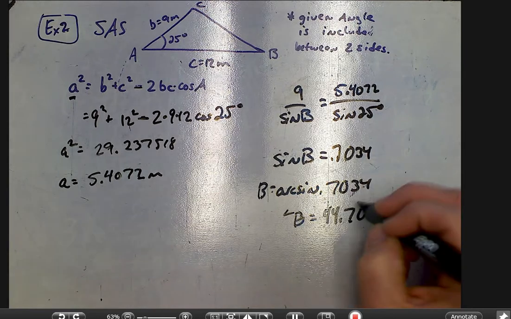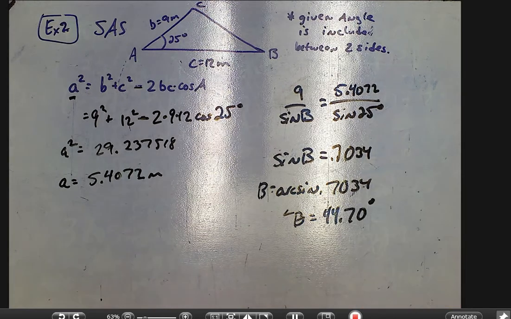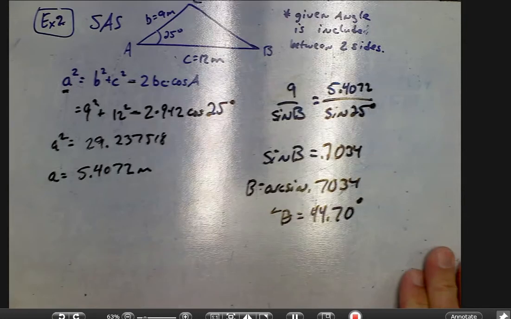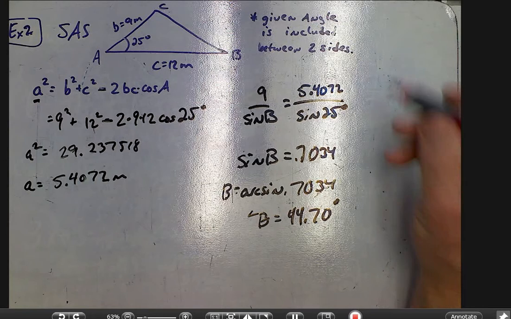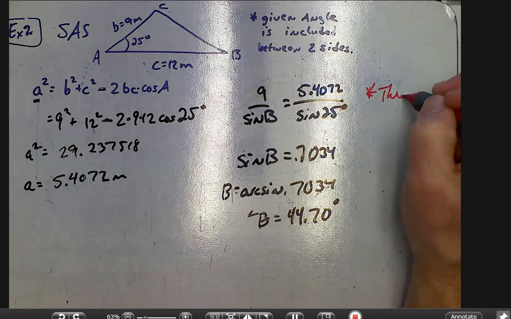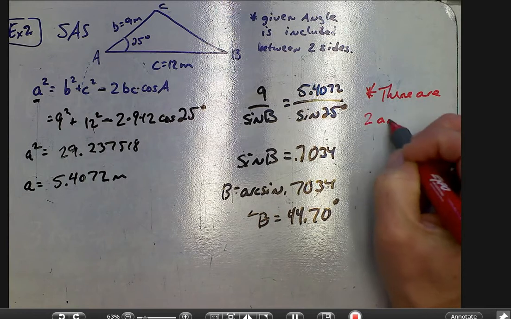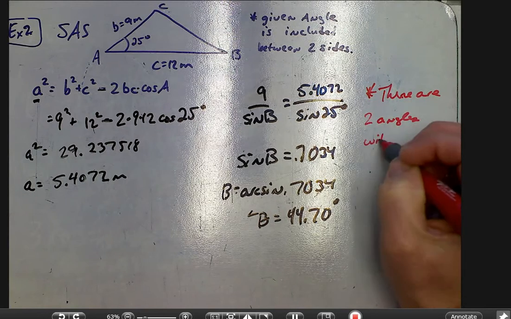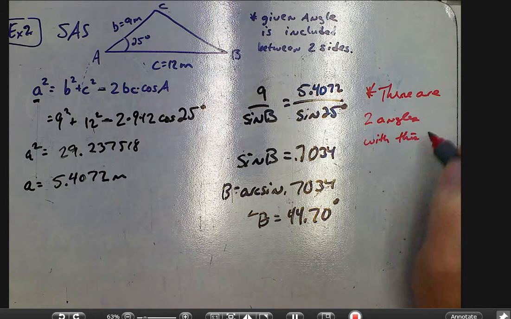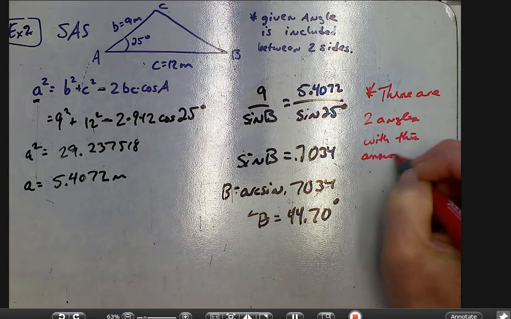Therefore, angle B is 44.7 degrees. Okay? One thing we have to recognize here, I'll put a little star out here to the side as I write it in. There are 2 angles with this answer.